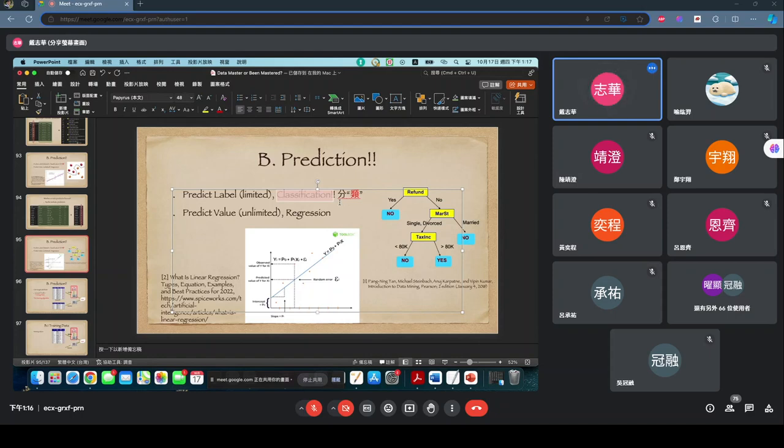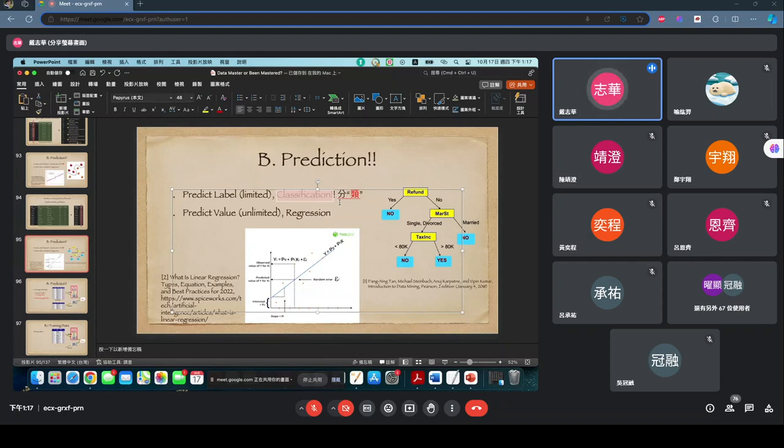So the class label would have the value yes or no.